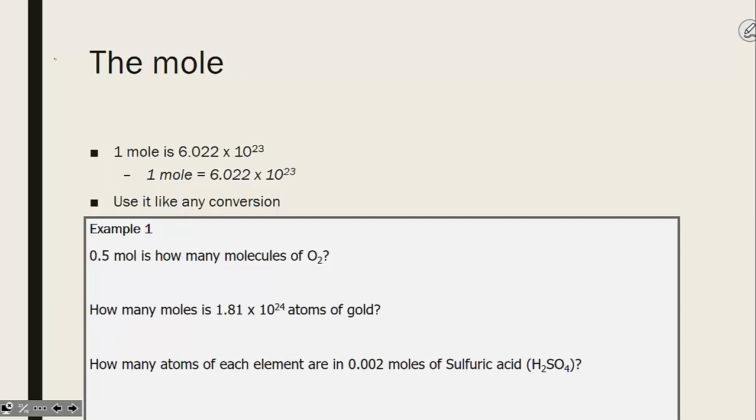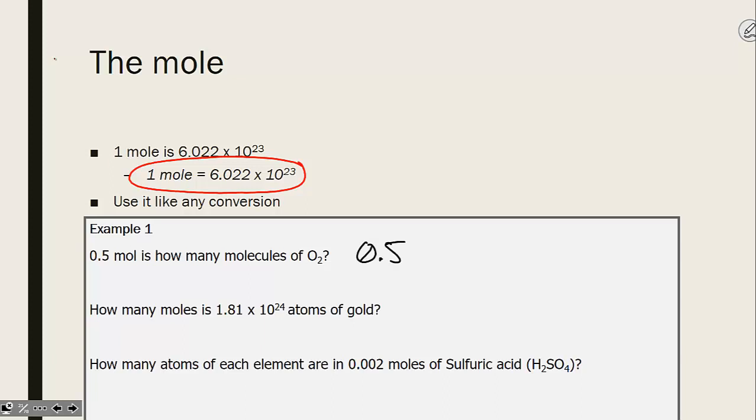So we can use this conversion factor and dimensional analysis that you learned in Unit 1 to convert from things to moles or from moles back to things. So if I have half a mole, how many molecules of oxygen is that?